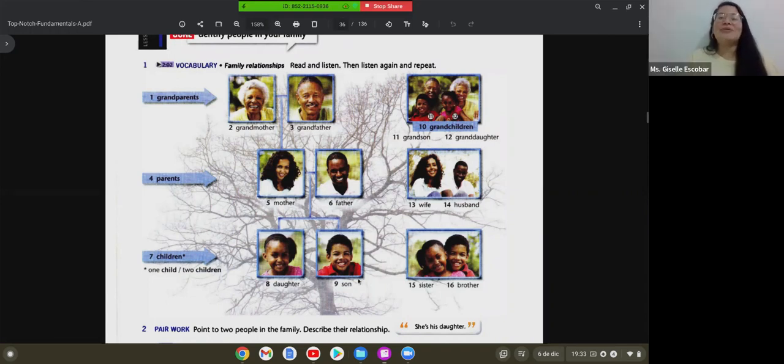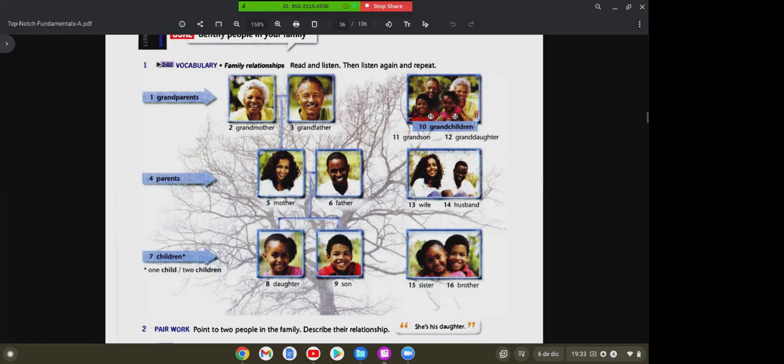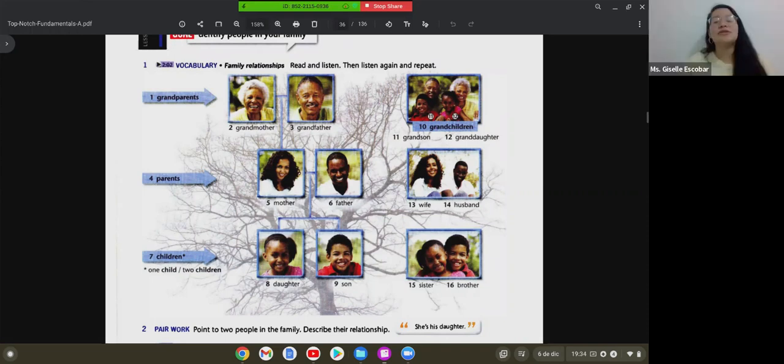Can you tell me the relationship between number 6 and number 2? Who is he? Brian? He is her son. Exactly. He is her son. Él es el hijo de ella. Él es su hijo.